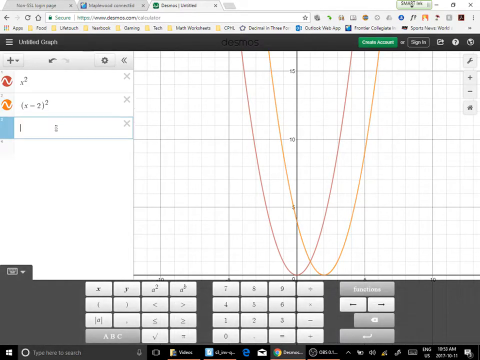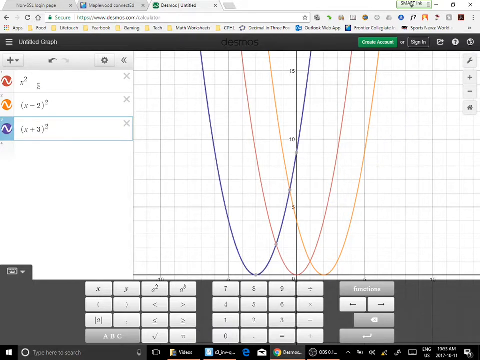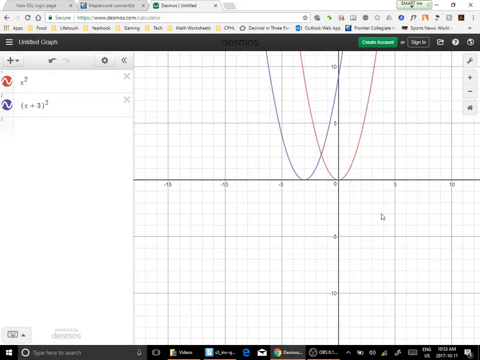And if we take a look at x plus 3 squared, what happens to the red graph there to give us x plus 3 squared? 3 to the left, right? Yeah. So what we're seeing here is something very important.